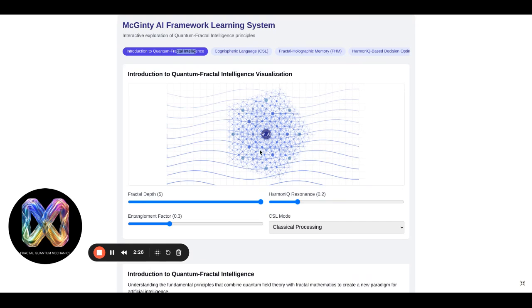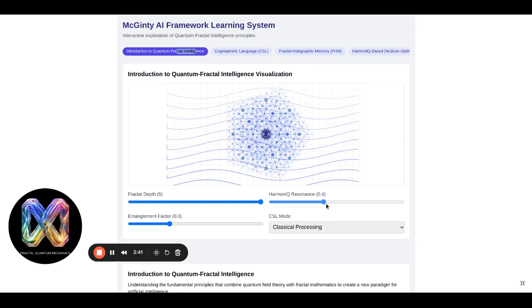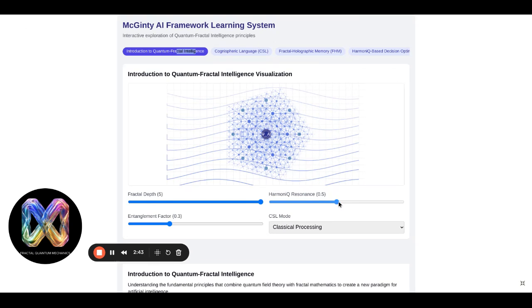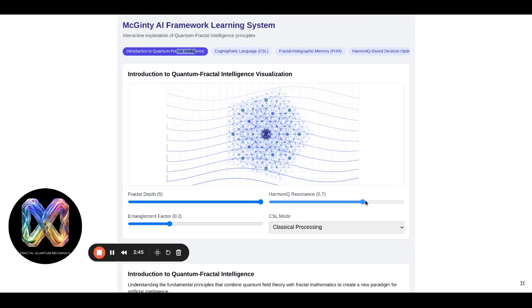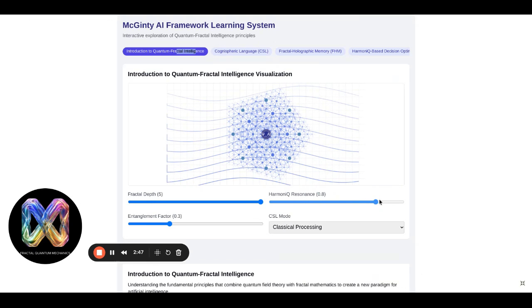This is a visual representation of how the McGinty framework processes information across multiple scales simultaneously. Now, as I adjust the harmonic resonance slider, you can see the quantum wave patterns intensify. This represents how resonance-driven intelligence emerges from the quantum field.